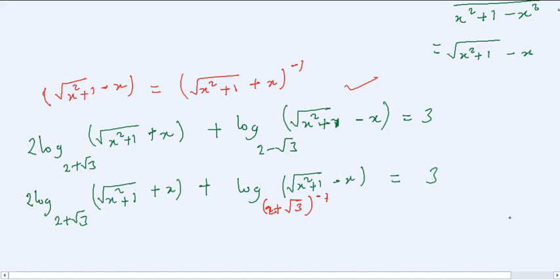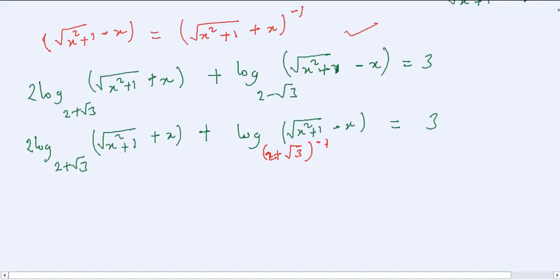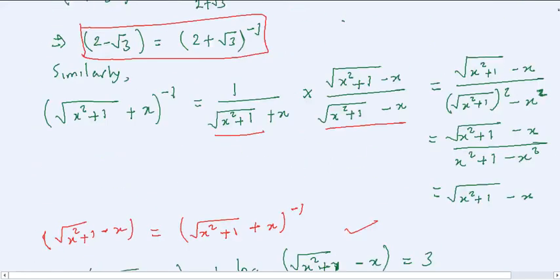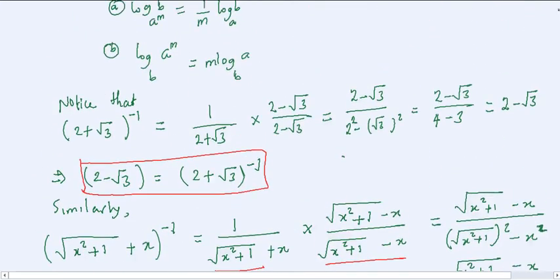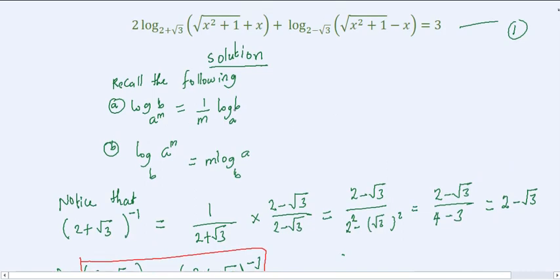So I'll bring the minus, of course, from the first law I gave to you. You know that when you have a power at the base, it will become 1 over.